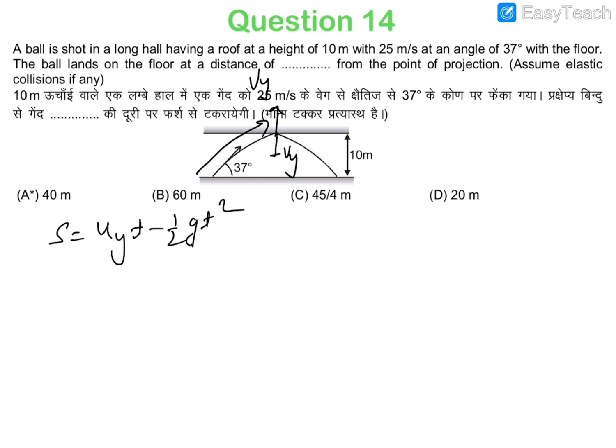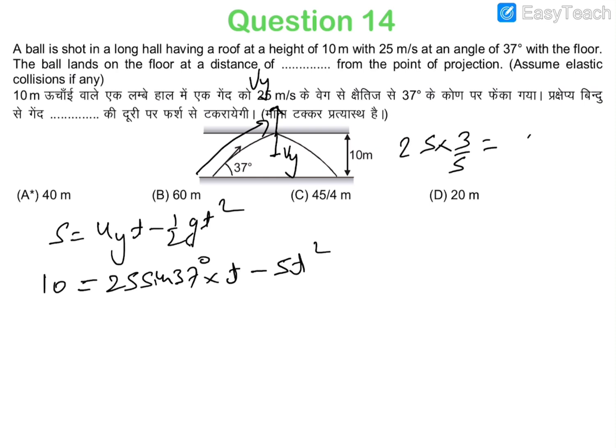So s is the displacement of the ball. So s is 10, uy is the initial y velocity, which is 25 sine 37. 25 sine 37 into t minus 5t square. So 25 sine 37 is 3 by 5.